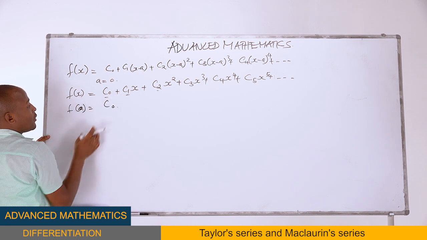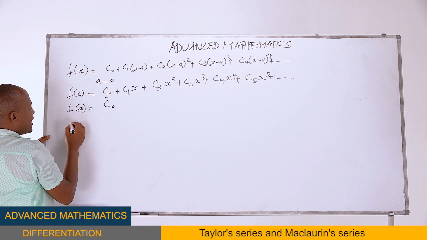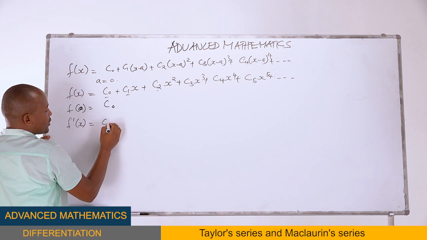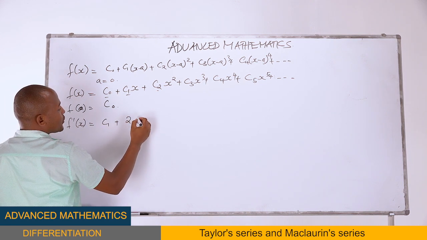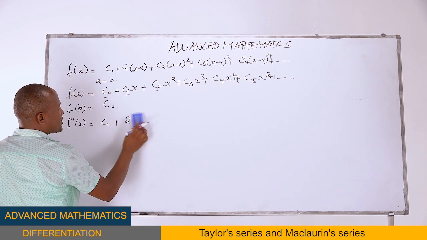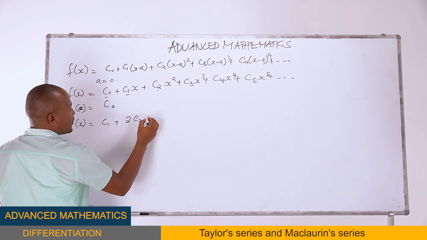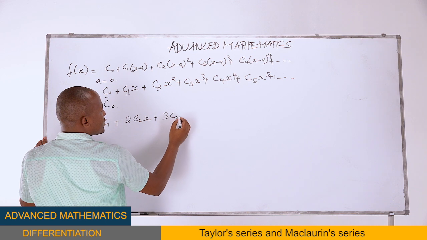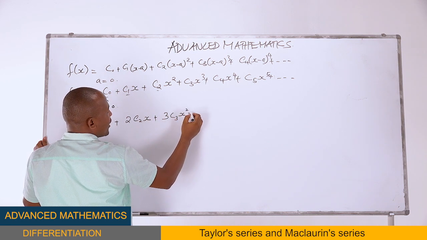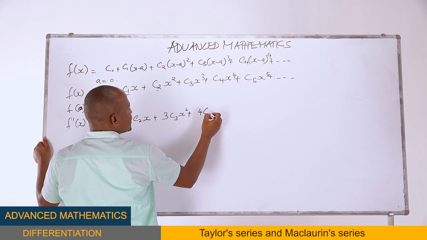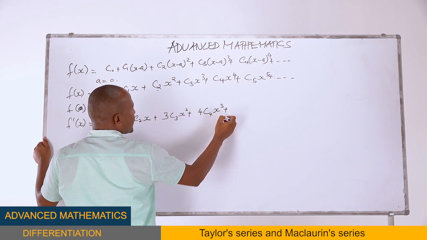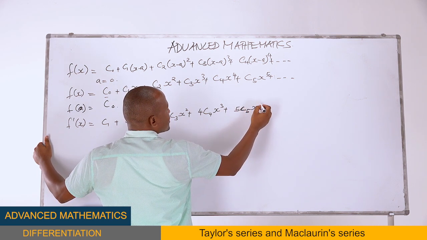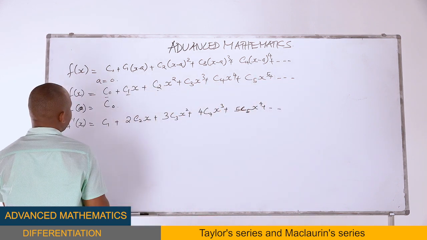That means we are going to differentiate, and if you differentiate that, the first derivative of that function, this will go, and you'll be left with c1 plus 2c sub 2 x, then 3c3 x square plus 4c4 x raised to 3, and so forth, plus 5c sub 5 x raised to 4, plus down to as many factors as you can.